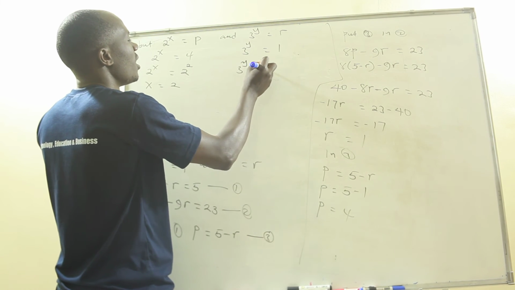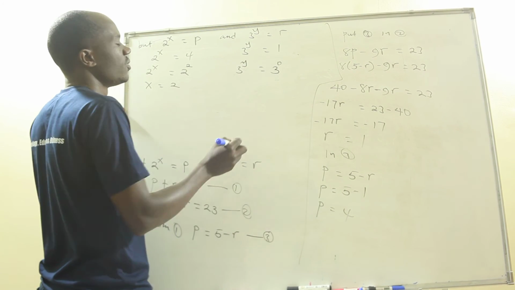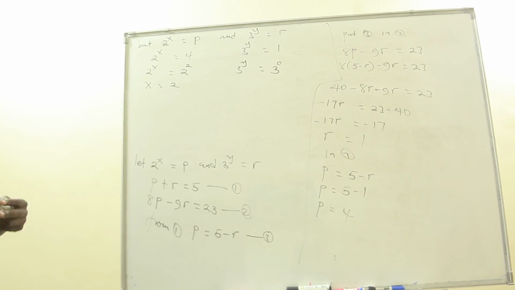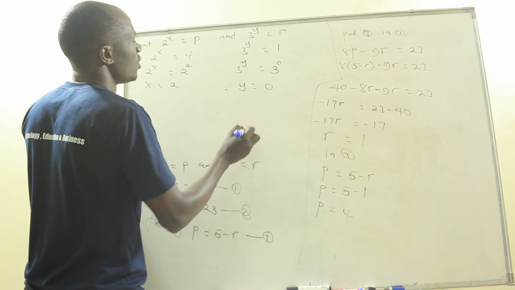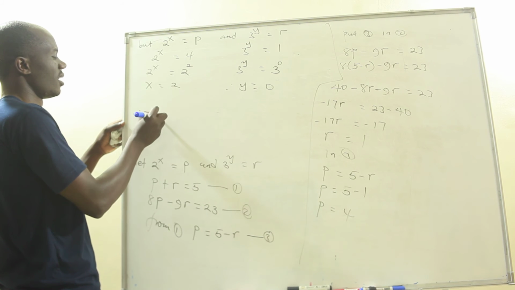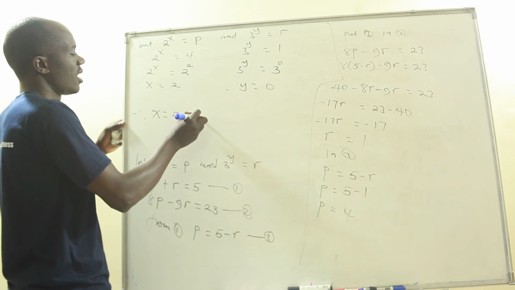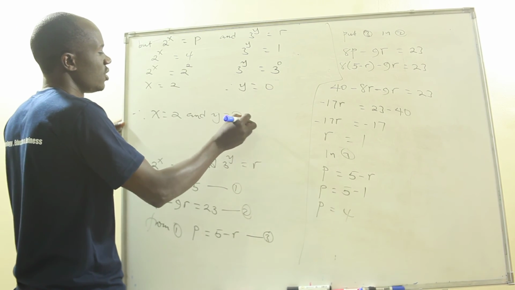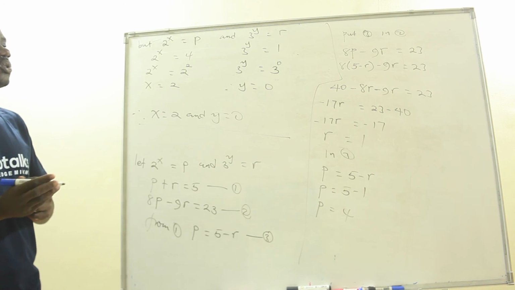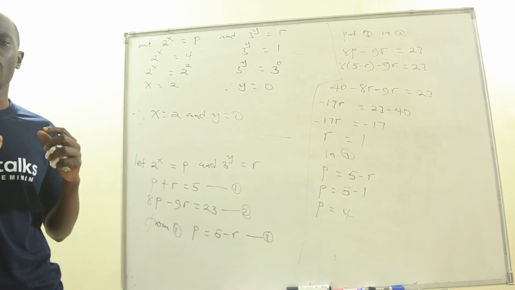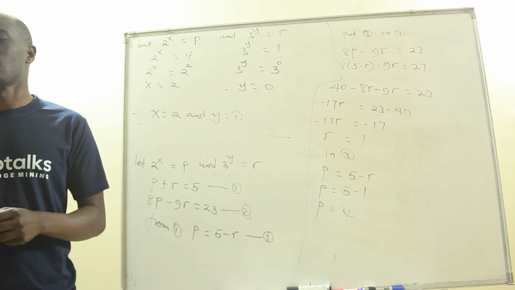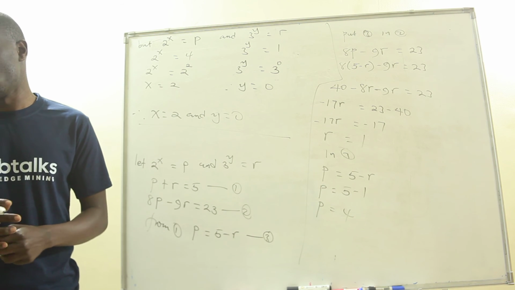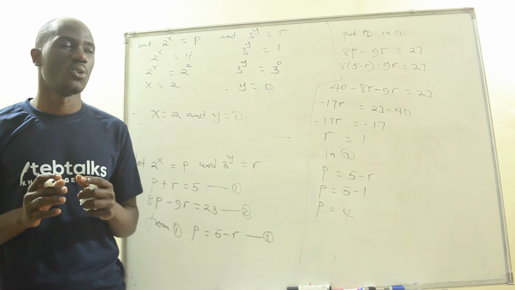So 3 power y equals 3 power 0. Since the bases are the same, again equate the powers. Therefore, y equals 0. Can you conclude and say therefore x equals 2 and y equals 0? That's how we can solve those simultaneous equations from those index formats of the numbers.